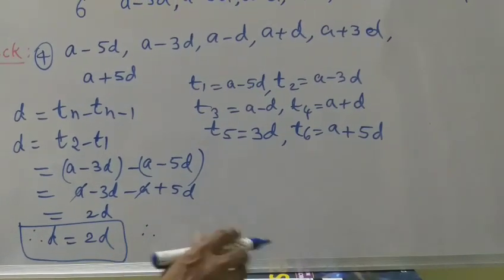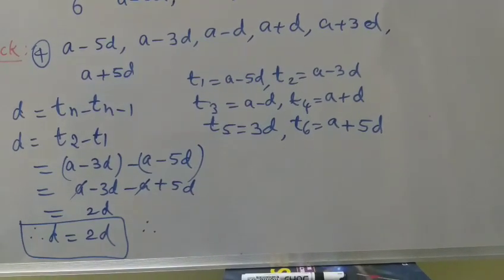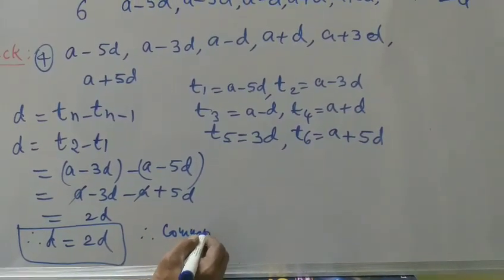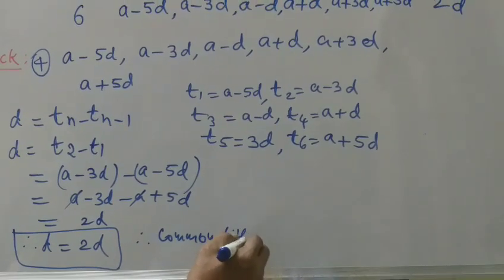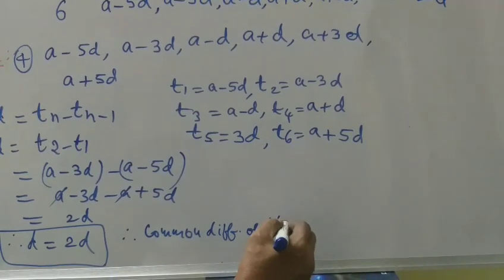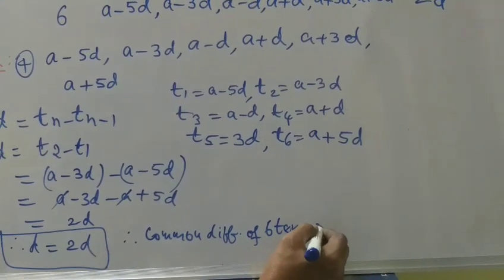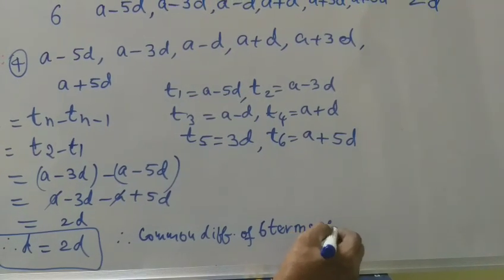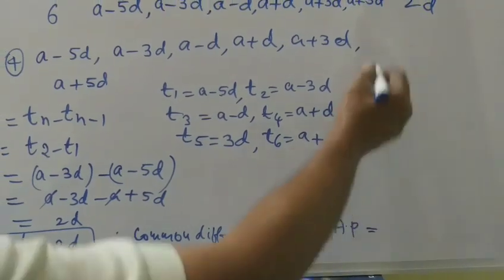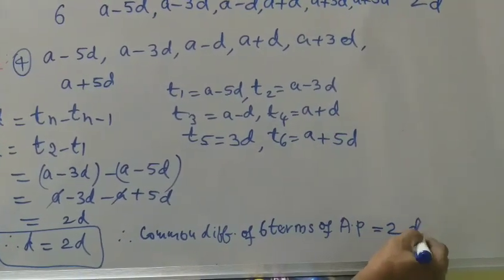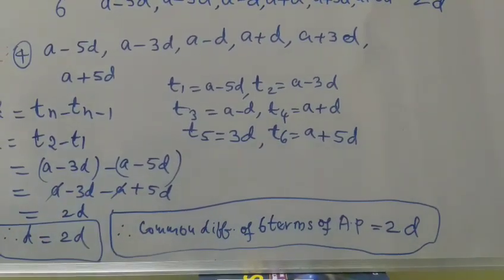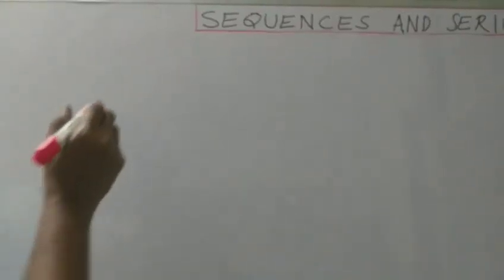Therefore the common difference of 6 terms of an arithmetic progression is equal to 2d. Let us learn problems.